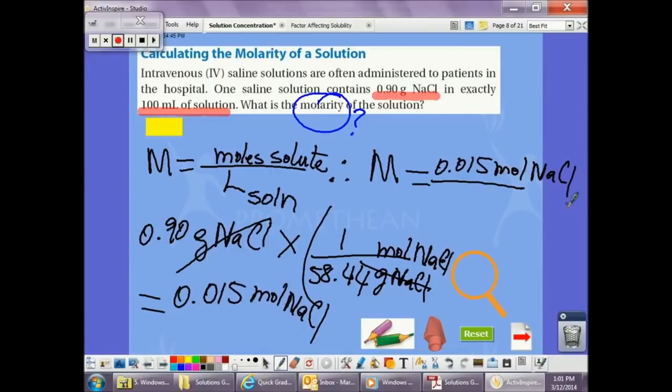Over what? Yes, because this is milliliter. The formula said to use liter. So I need to divide my milliliter by 1000 to change it to liter. It is 0.1 liter. So therefore, the molarity equals what?